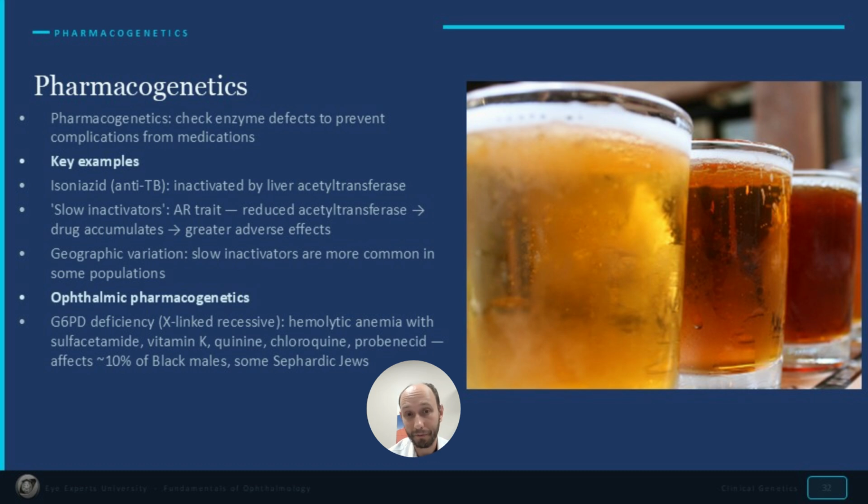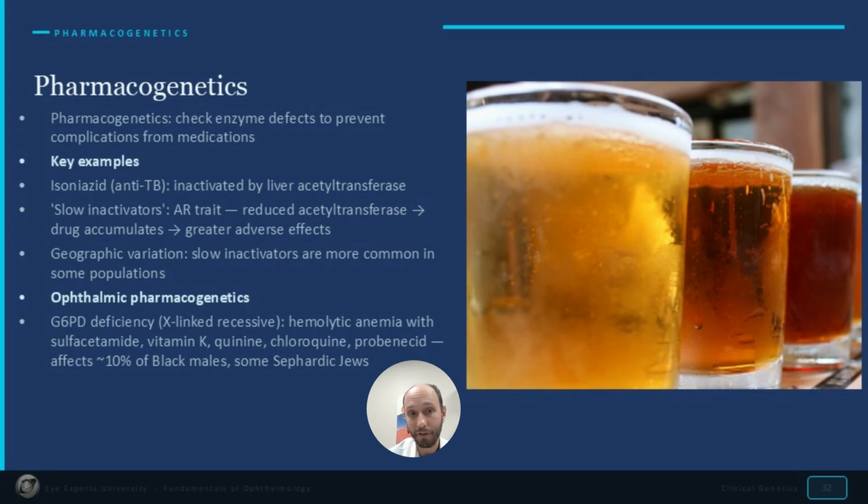We can have an autosomal recessive low-quality acetyltransferase where isoniazid will be toxic, or we can have a normal copy where isoniazid is just fine. As we learn more about genetics and medications, we will be able to use genetic testing to predict how we respond to medications, choose better medications based on our genetic makeup, and avoid toxicities of certain medications if they're related to our genetic composition.